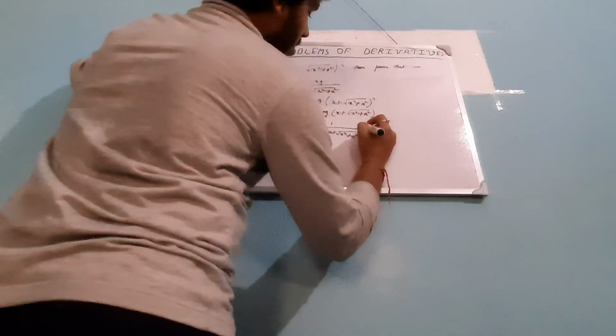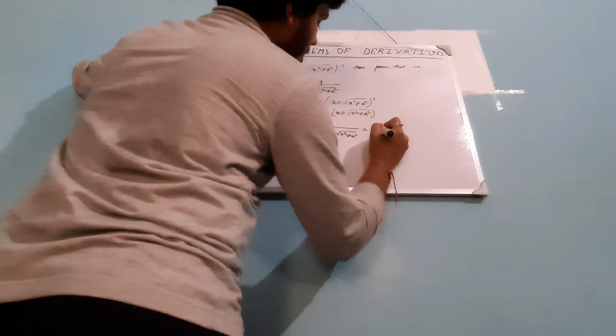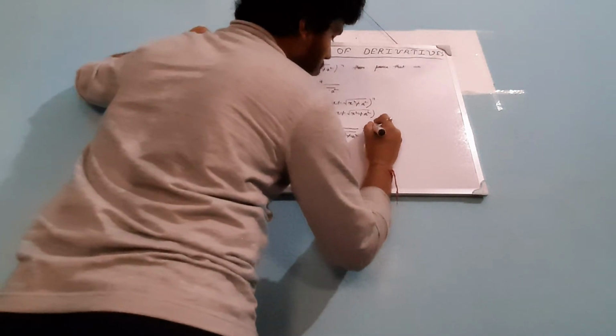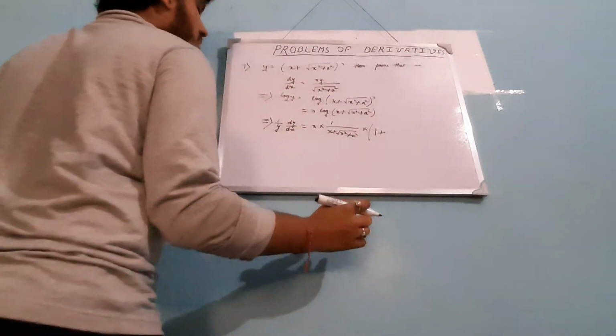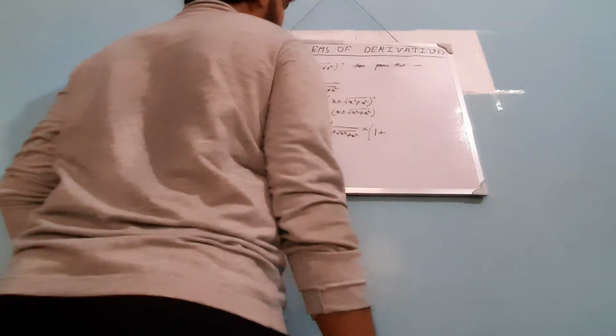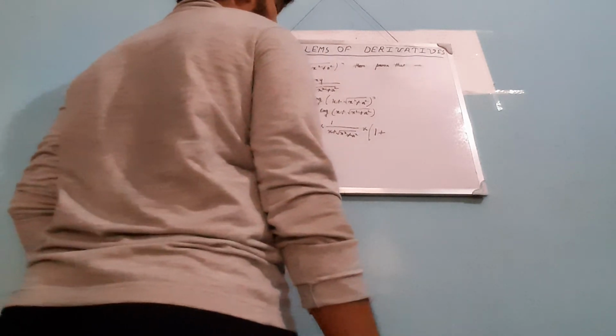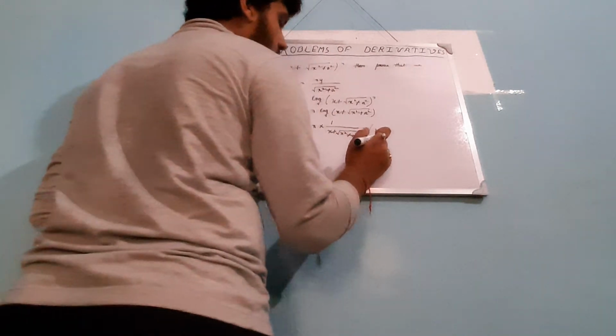then you have to take the derivative of the things inside the bracket: d by dx of x is 1, plus the derivative of root x, which is 1 by 2 root x.